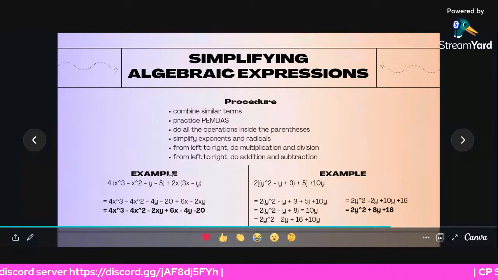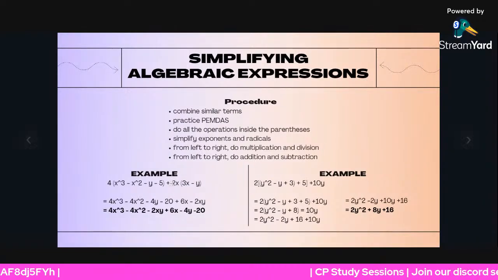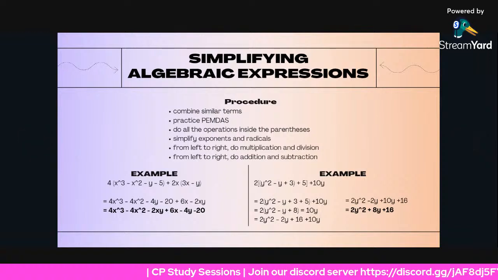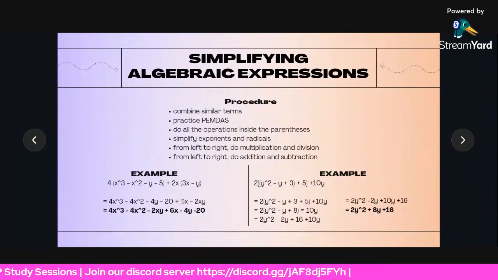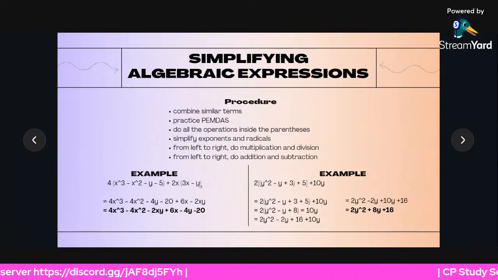Then, we do the same thing for the next expression. So, 2x times 3x is equal to 6x. Then, the last term, 2x times negative y is equal to negative 2xy.